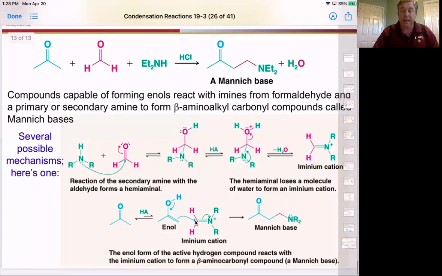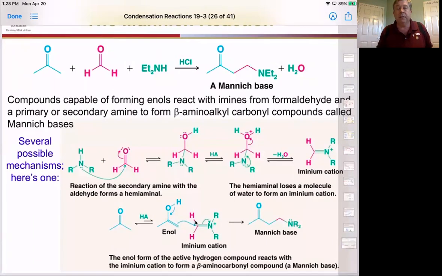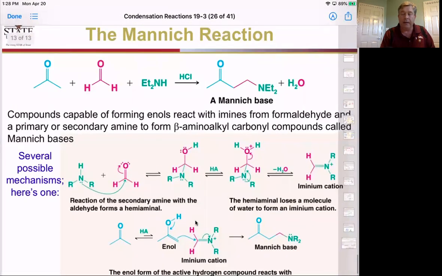Okay, now the last reaction we have in these condensation reactions is kind of a combination of using that Mannich reaction to create an amine protected carbonyl, but we're also going to do a one carbon addition to a chain. Okay, so here we go, and it's called the Mannich reaction here.